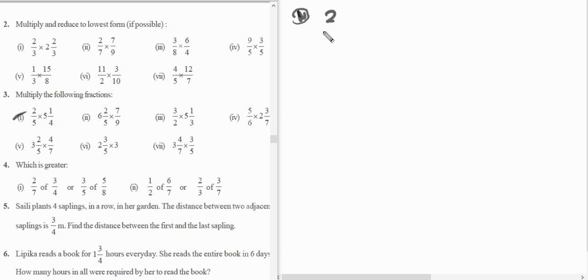First one, which is 2 by 5 into 5 1 by 4, right? So first convert it into a proper fraction, which is 5 4s are 20 plus 1, 21 upon 4, right?